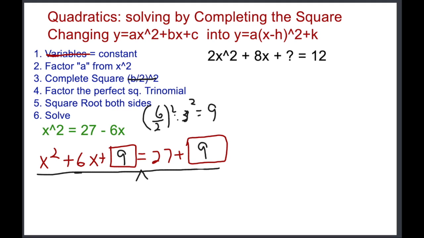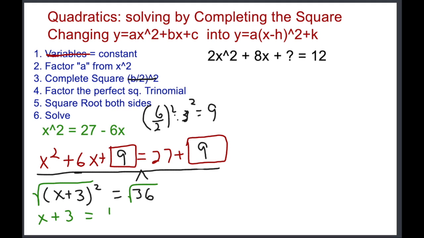Well, this works out into a great factor because this is x plus 3. There's that perfect square trinomial again, equals 36. So again, if I square root both sides, reversing the square, I get x plus 3 equals plus or minus 6.